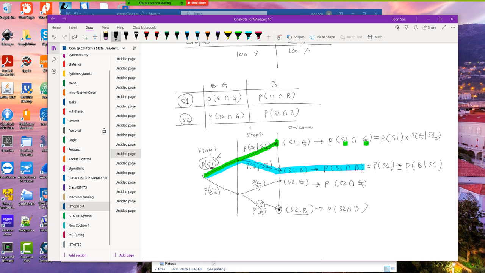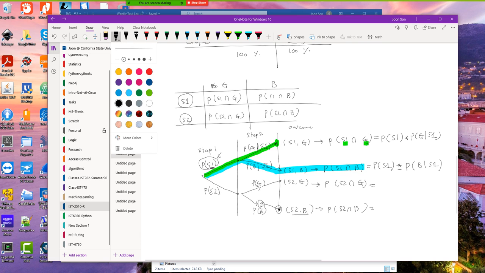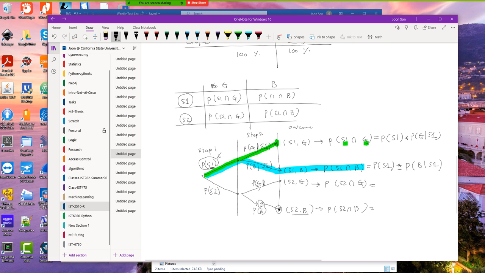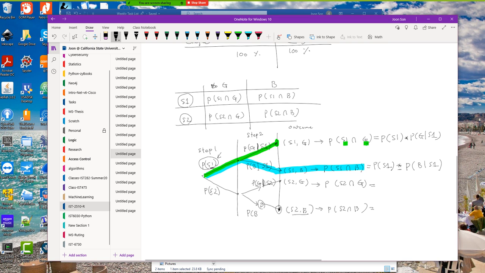Okay? So vice versa. I'll just skip this. Basically, let me just change the notation. So this is G given S2. And this one is not really PB, it's really the probability of bad given S2, right? Because S2 has to take place first.